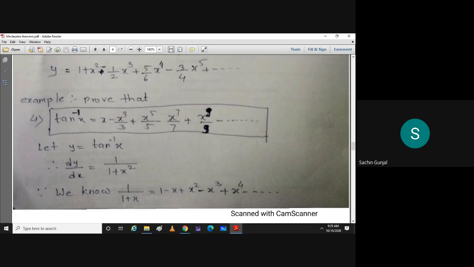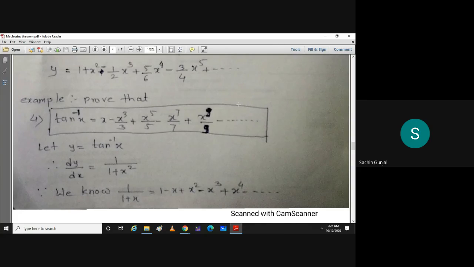Interestingly, if you try it on your own without this technique of differentiation, it is difficult, because x raised to 9 means how many coefficients you are supposed to find, how many derivatives you are supposed to take. If you are actually using Maclaurin's theorem, 9 times you will have to differentiate, which becomes a tedious job.